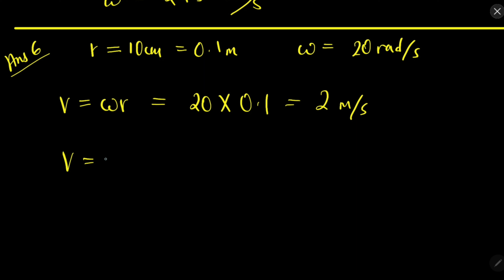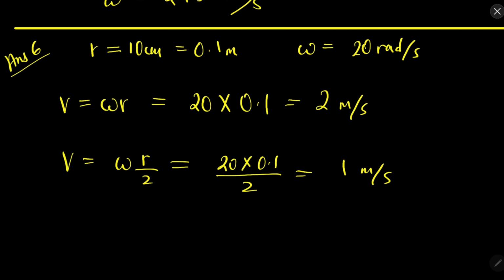And linear velocity at the middle will be r by 2 because it is at the middle, half. So 20 into 0.1 divided by 2, that is 1 meter per second. This is r. So 1 point was here and 1 point was here, r by 2.